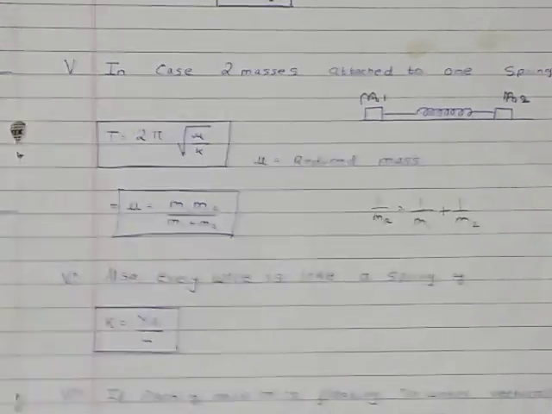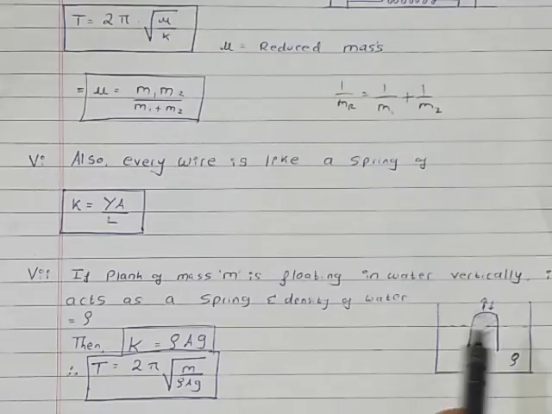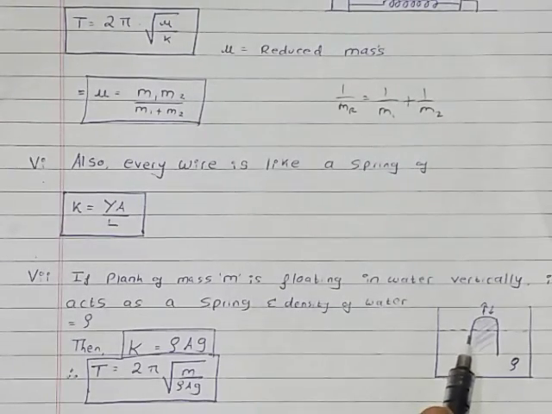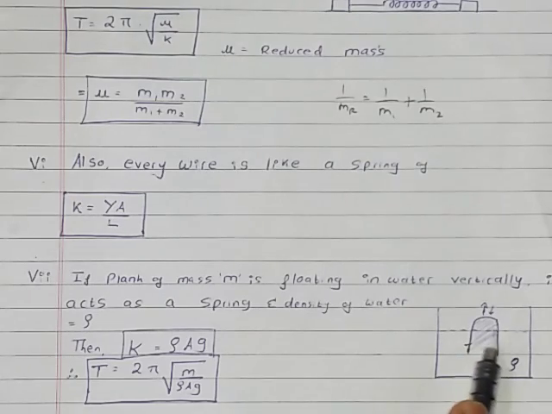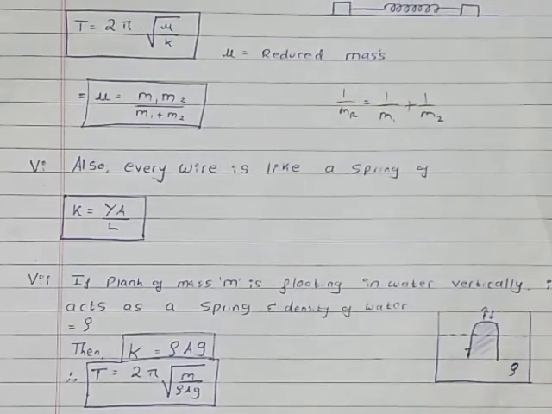As simple as that. Many times in question papers, this type of question comes: if a plank or anything of mass m is floating in water, with some part below the water surface and some part above, then it performs simple harmonic motion.